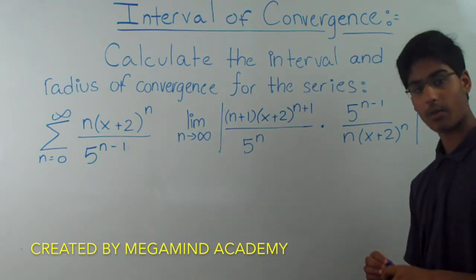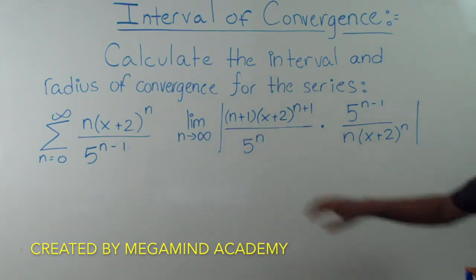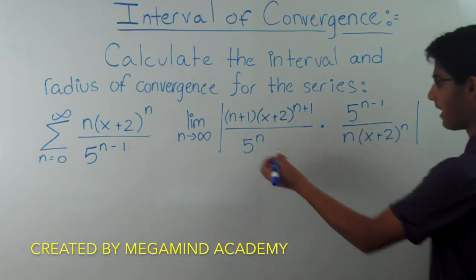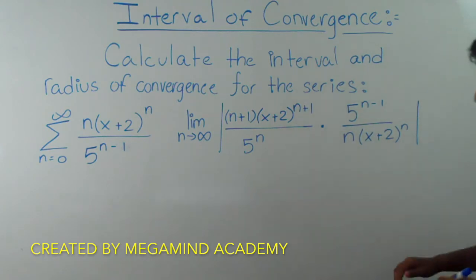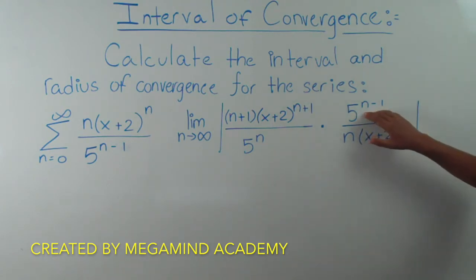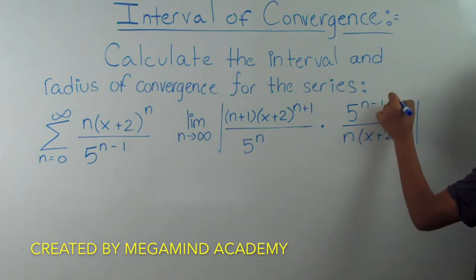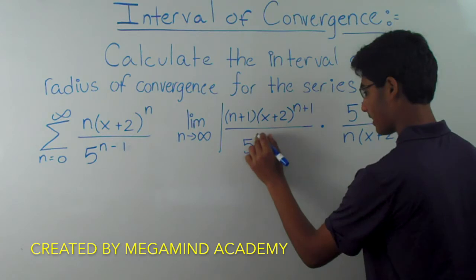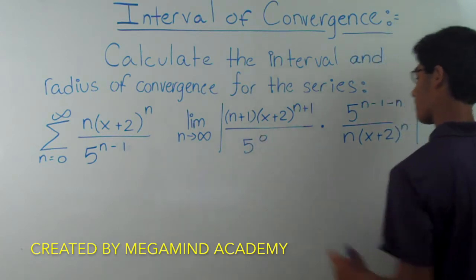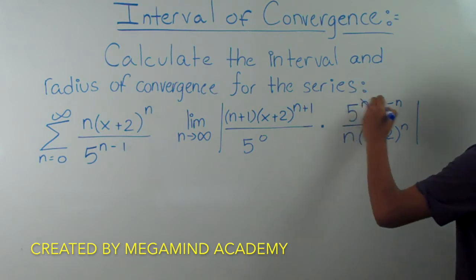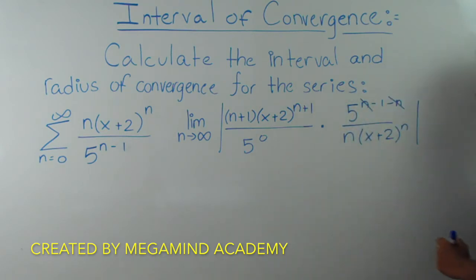So we can simplify what's inside this limit. Here we can see that both of these have the same base. We have 5 to the n and 5 to the n minus 1 power. So that means that this would be equal to 5 to the n minus 1 power minus n. The n's cancel out, and we're left with negative 1.